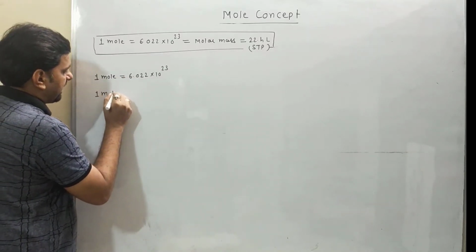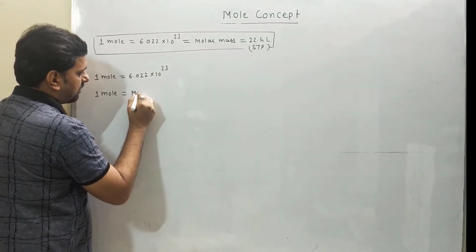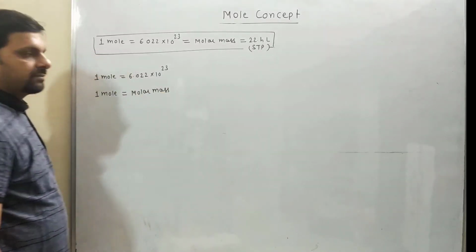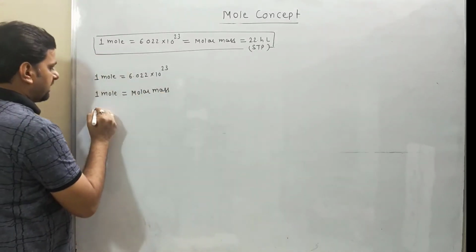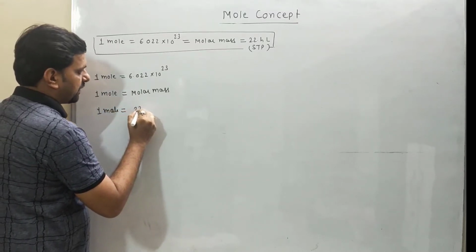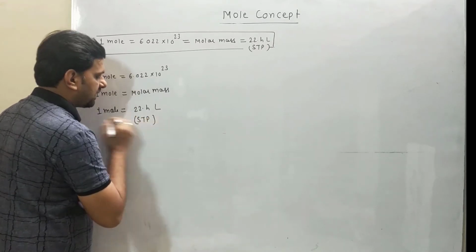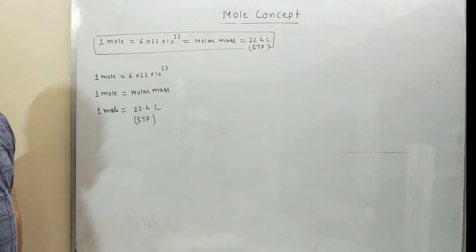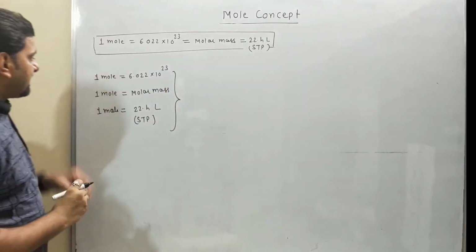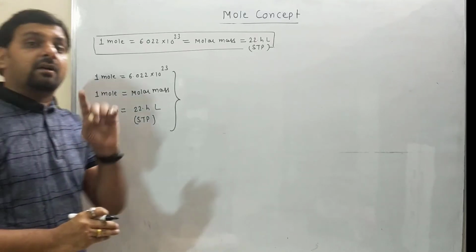Similarly, we can write 1 mole equal to their molar mass. Similarly, we can write 1 mole equal to 22.4 liter at STP for gaseous substance. So, from these three relationships, we can easily calculate number of moles.